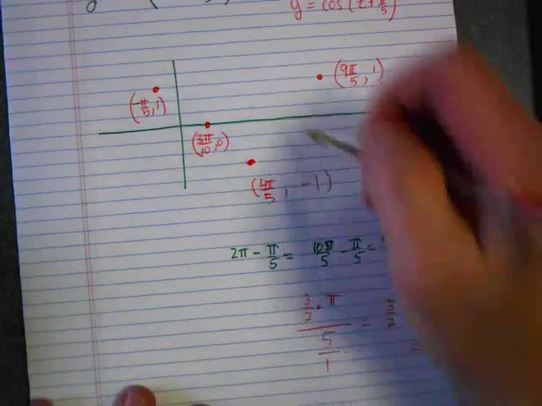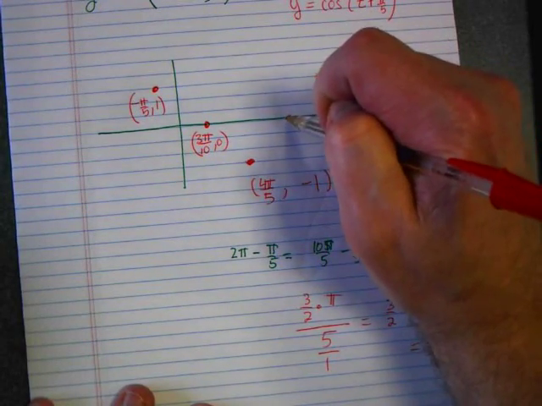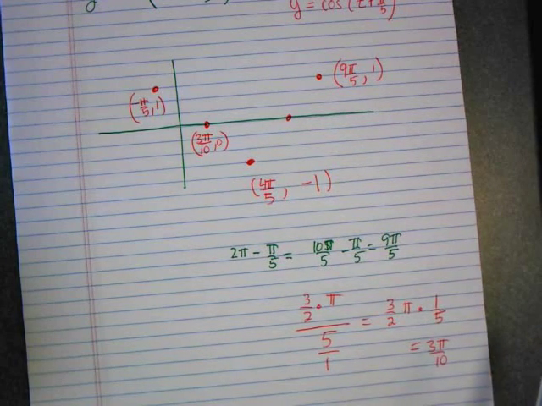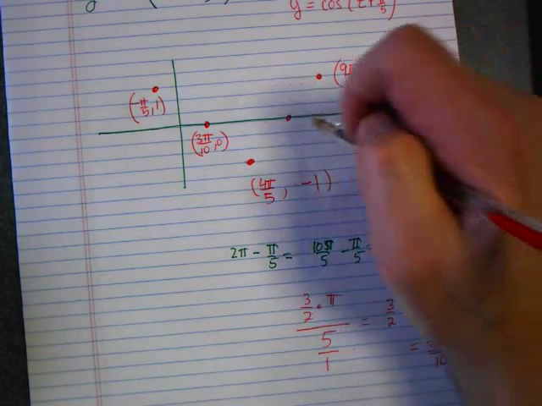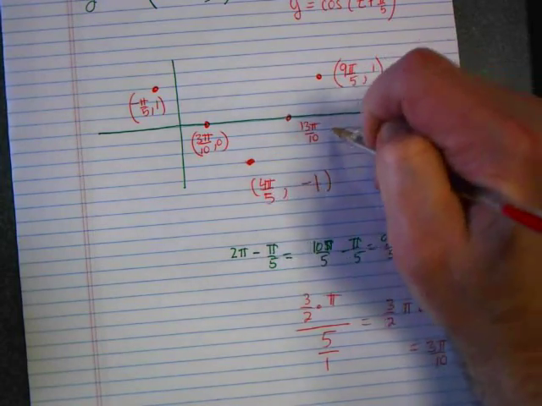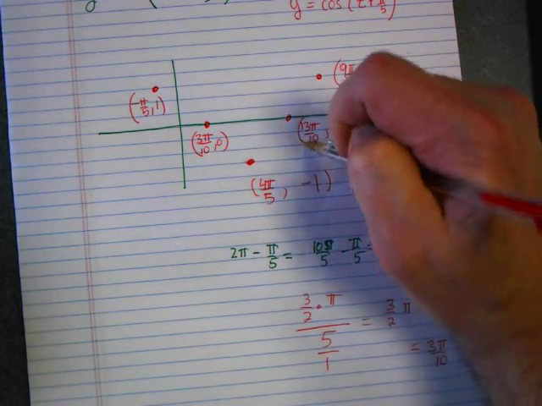All right, and then we've got the last one right here. So now we need to be halfway between 9 and 4. Thirteen halves. So it's going to be 13 pi over 10, comma 0.